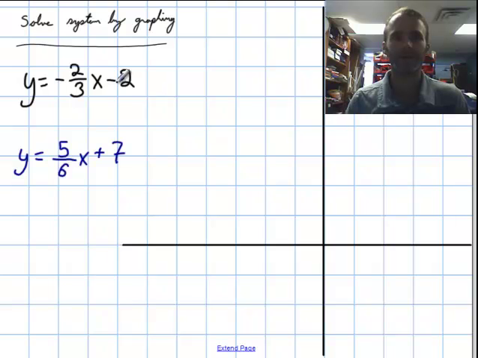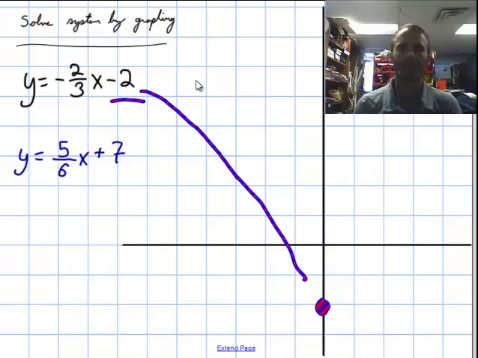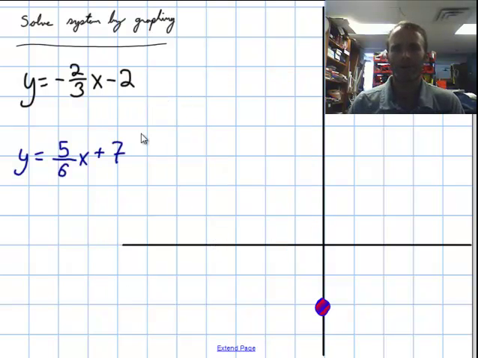Since my y-intercept is negative 2, I'm going to come down here and graph my y-intercept at negative 2. Alright, now my slope is I rise a negative 2 and I run a positive 3.